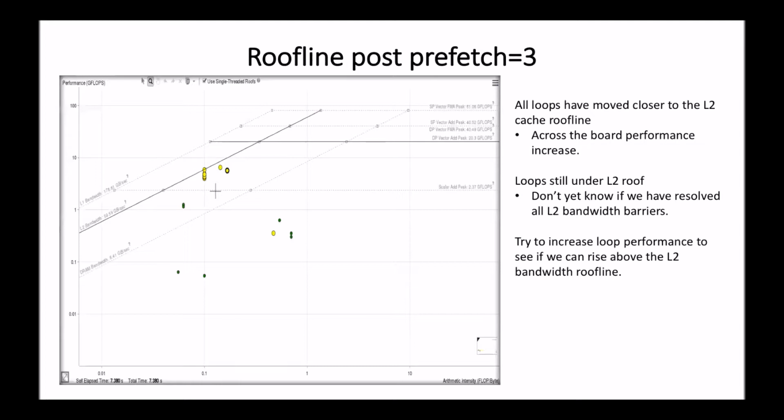However, because they're still under this L2 bandwidth roof, we don't know if we've actually resolved all of the L2 bandwidth barriers. So the only way that we will know that we have or have not fixed all the L2 bandwidth barriers is to increase the performance of some of these loops.